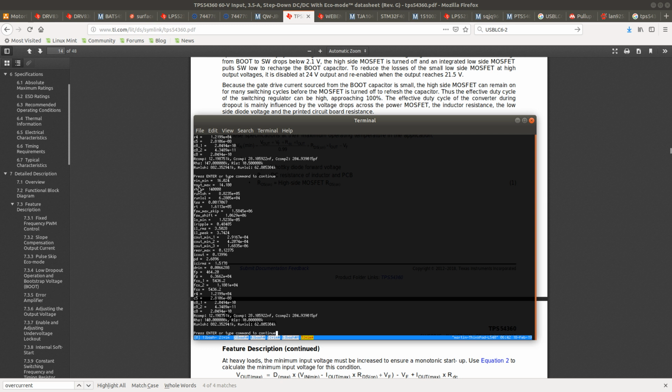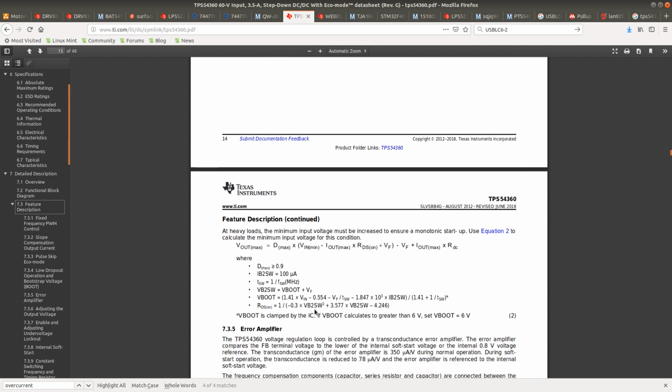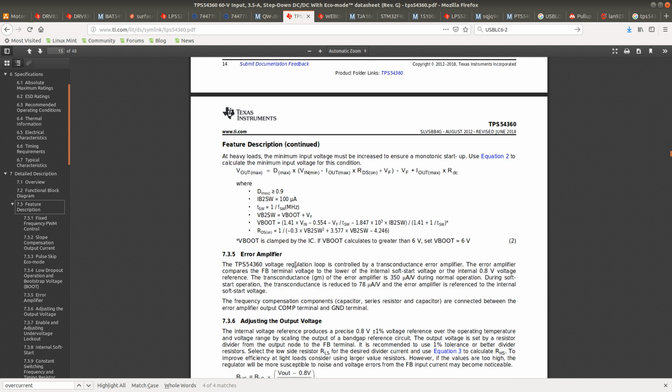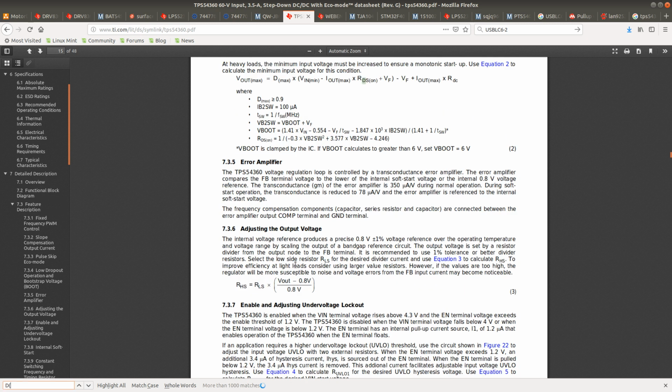The maximum output voltage is calculated by, let's see, it depends on this D max, which I'm not actually sure what it is. Let's see, D max.